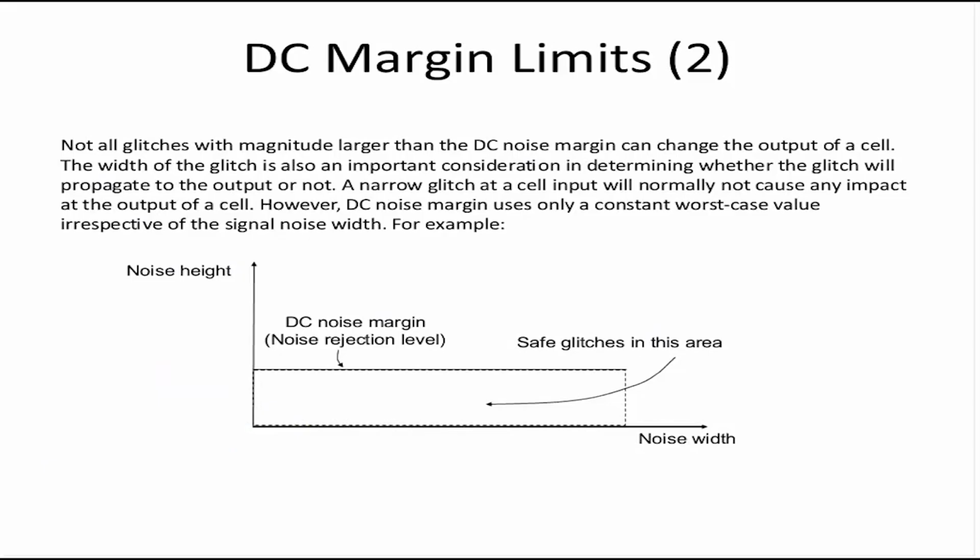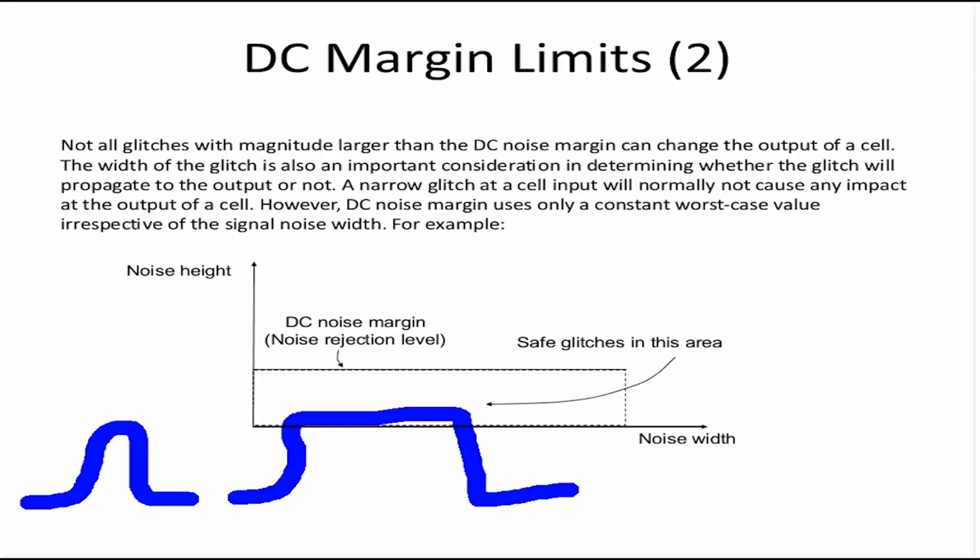Let's say the height of the bump is the same, but one bump is narrow and one bump is wide. Obviously the wider bumps will go through because they allow sufficient time for charge to propagate, but not all narrow bumps will go through. So the width of the glitch is also an important consideration.